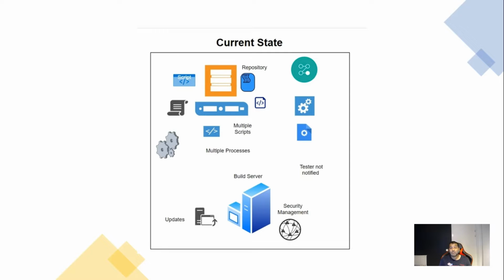So at times they need to chase the development team to check if there was any recent deployment. The operations team also has a big challenge with updates, patch management, and vulnerability management of the build server, because it's not the only job. They also have a couple of other tasks to maintain the infrastructure.